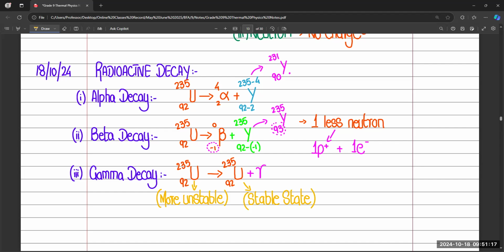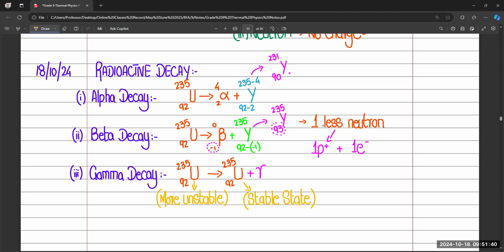Regarding the plus sign with gamma and uranium: basically, this plus is in the final product. In the final product, we are getting two things, one product and the second product, and together they equal the initial element, which is given as uranium 92.